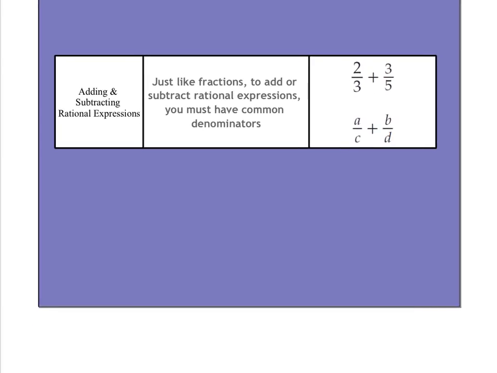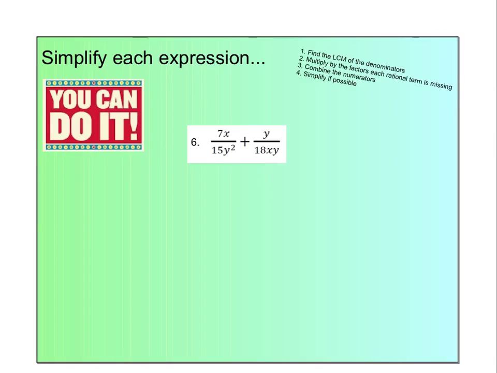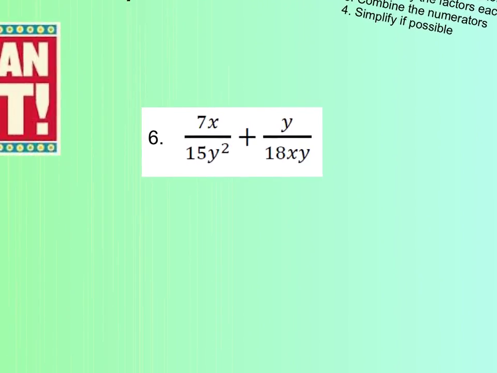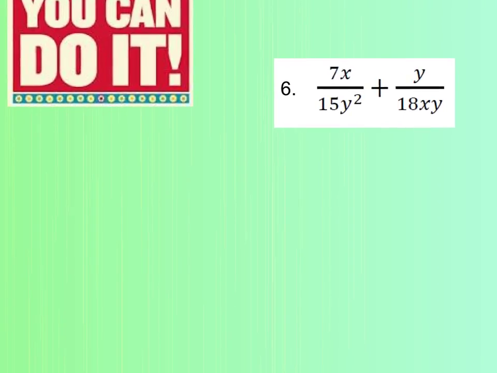So now, adding and subtracting, just like fractions, you got to have common denominators. So you got to have that same thing in the top and bottom in order to figure this out. So if I'm looking to simplify this, the first thing I need to do is find my least common denominator. So I will look at that over here. So 15y squared, 18xy. Well, that's 3 times 5.